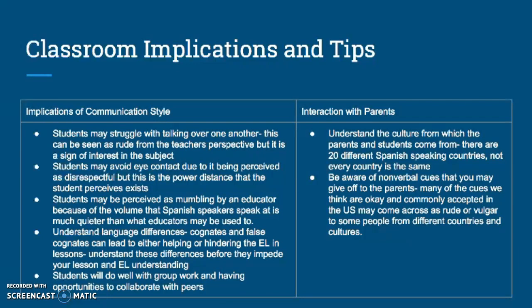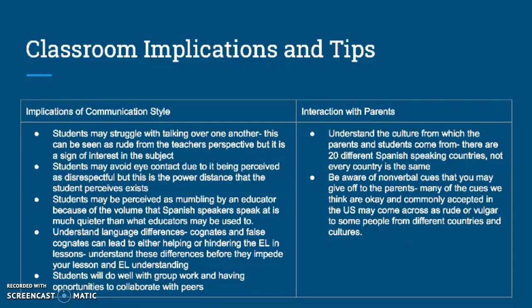Cognates and false cognates can lead to either helping or hindering the ELL in their lessons. Understanding these differences before they impede your lesson and the ELL's understanding is a good tool to have. Students will also work well in groups because they will have opportunities to collaborate with their peers and develop that academic and social language, BICS and CALP.